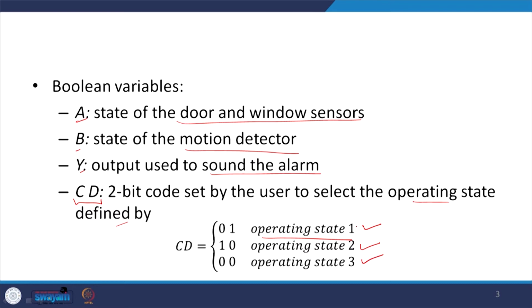So, in the first state only doors and windows are disturbed, in the second state doors and windows are disturbed as well as motion is detected, and in the third state nothing is happening, the normal state.